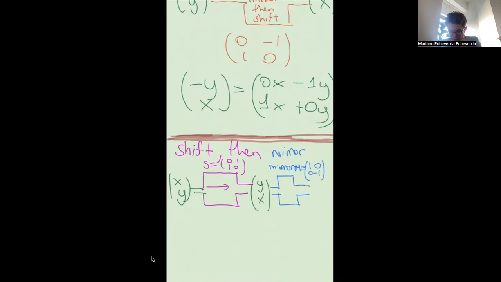And what should you get in this case? What is the first entry I should put here?